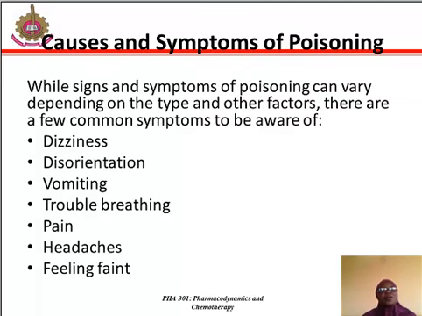Causes and symptoms of poisoning. While signs and symptoms of poisoning can vary depending on the types and factors, there are a few common symptoms to be aware of. We have dizziness, disorientation, vomiting, trouble breathing, pain, headaches, feeling faint.